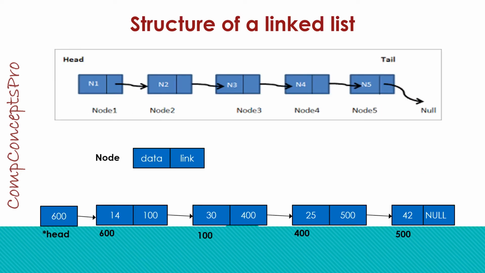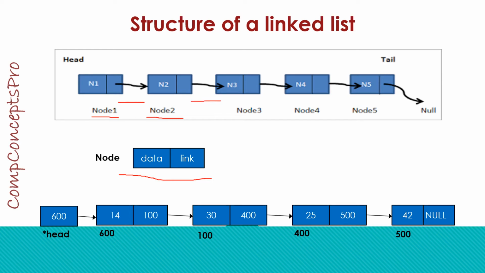So this is how the structure of a linked list can be imagined. This is a single node of a linked list, in the first part of which there is data stored, and in the second part there is a link to the next node. As you can see, all the nodes are connected to each other with the help of these links or pointers.